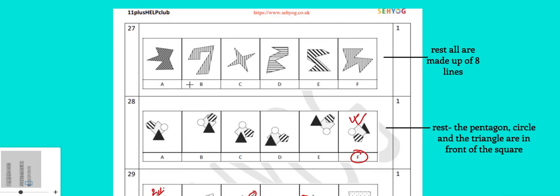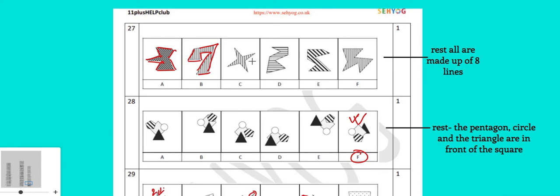Viewing our next example, that is example number 27. Here the rest are all made up of 8 lines. Let us count the number of lines here. 1, 2, 3, 4, 5, 6, 7, 8. Okay. Next, 1, 2, 3, 4, 5, 6, 7, 8.